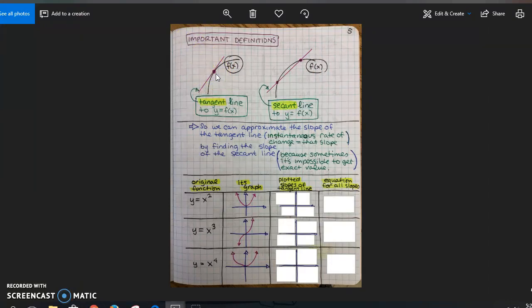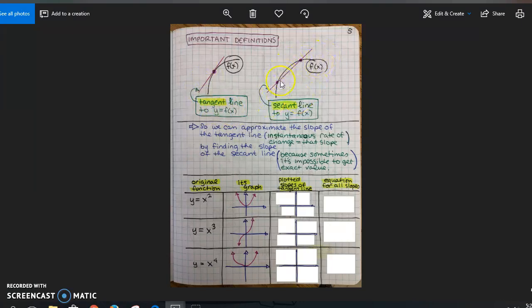Now, I can't rotate that line 360 degrees. I have to mimic the movement of the graph. So I'm mimicking the rate of change here. So that tangent line that touches the graph in one point, we'll talk about it more as the year goes on. This pink line is the tangent line to my original function.